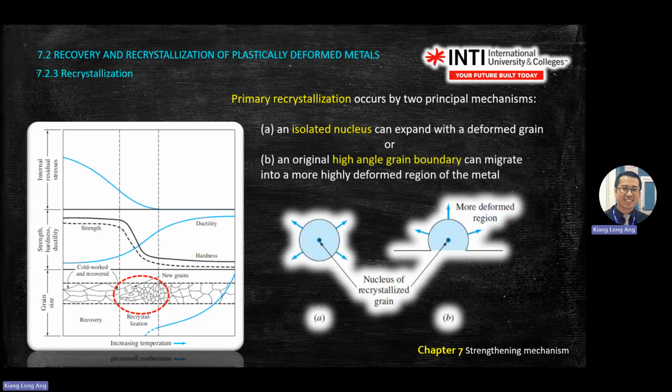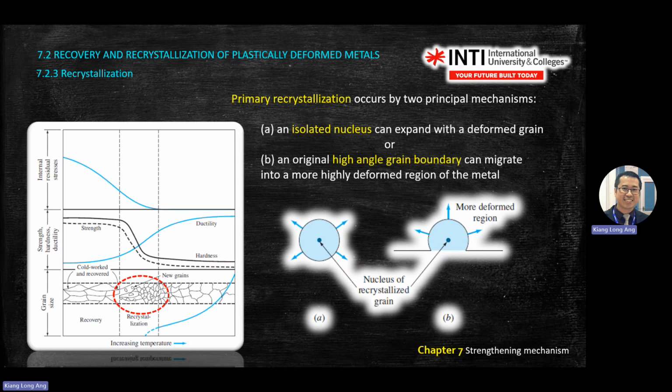There are two mechanisms for how recrystallization happens. One, isolated nuclei can expand within the deformed grain. It means inside here, they find a space and then the new grain grows there and expands. Second, high-angle grain boundaries can migrate into a highly deformed region of the metals.